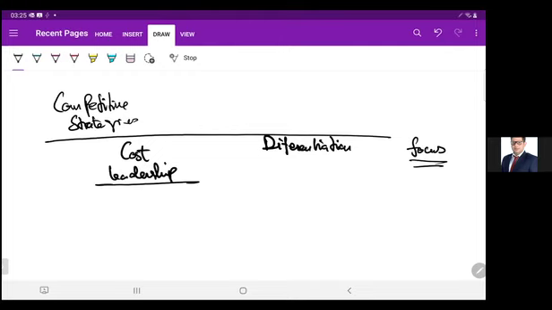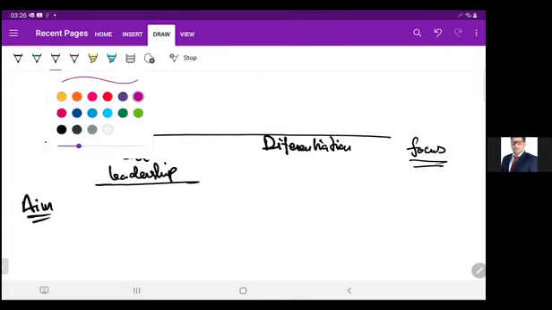So, firstly, we have to look at the aim of each strategy. So, what's the aim of each strategy?